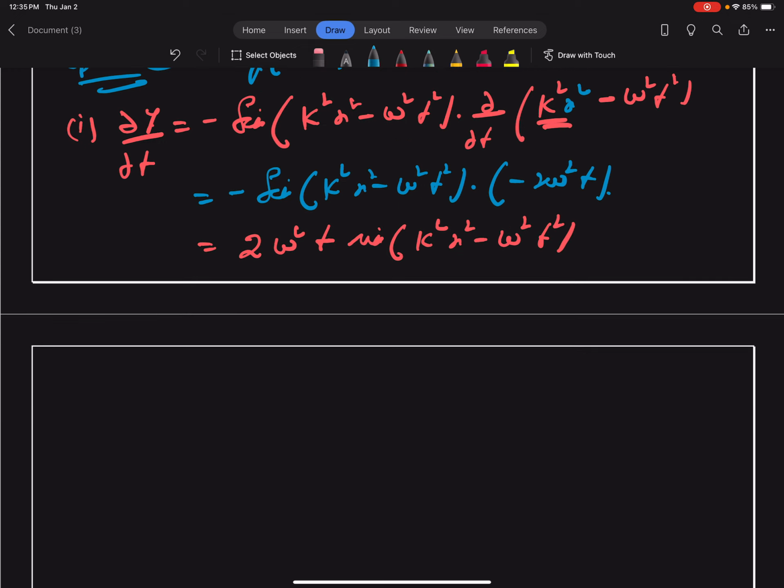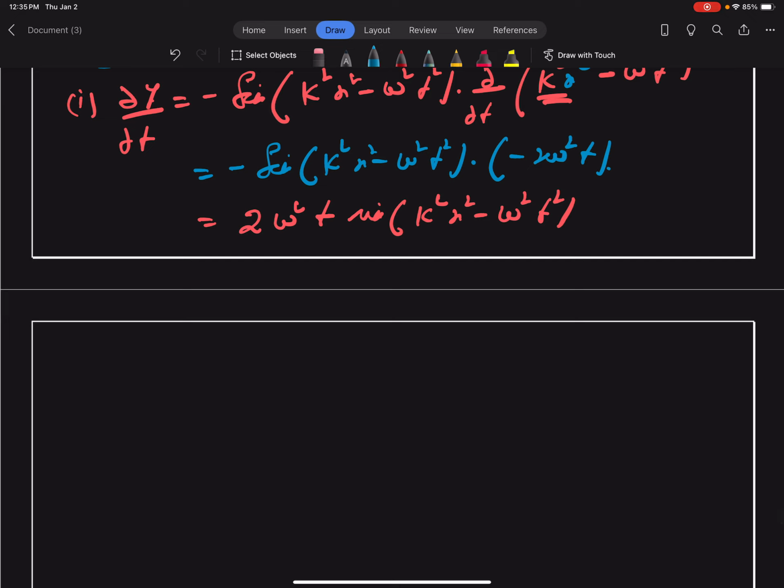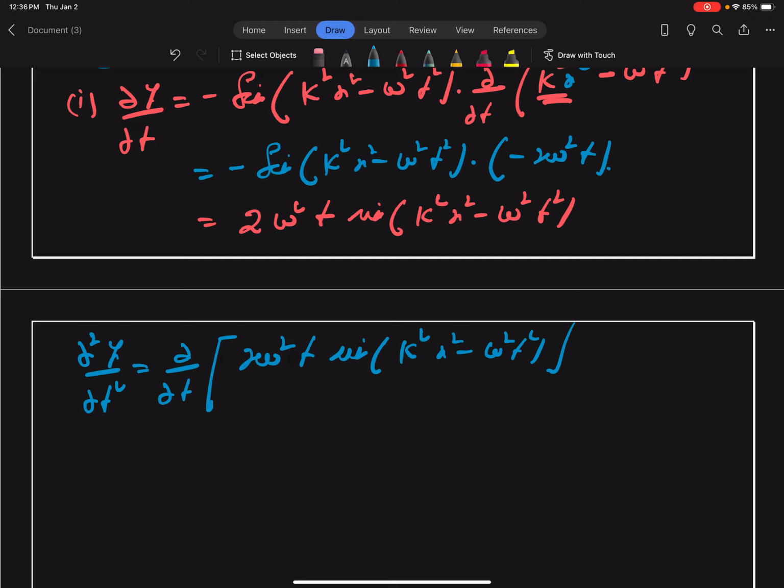Now for the second derivative, so we can write this as the second partial derivative of y with respect to t, this will be equal to partial derivative of t of 2 omega square t sine of k square x square minus omega square t square.